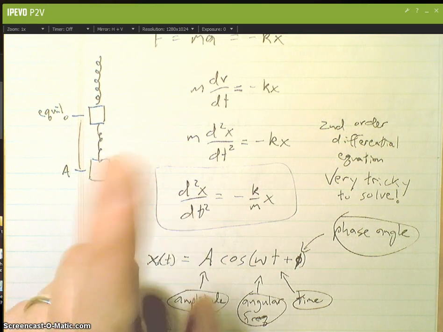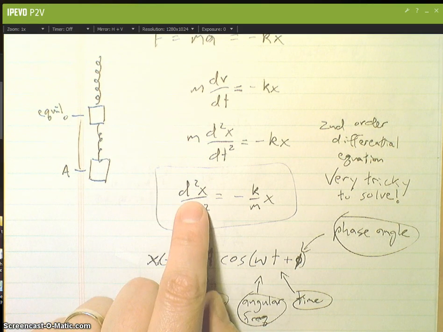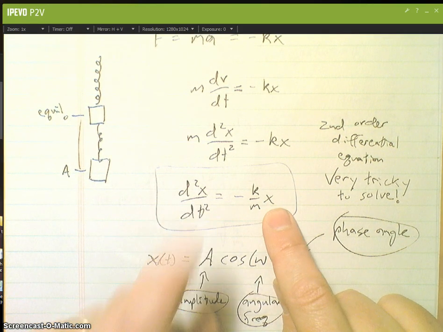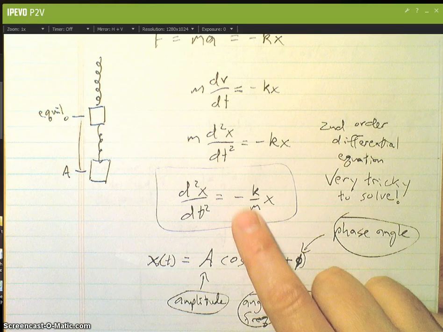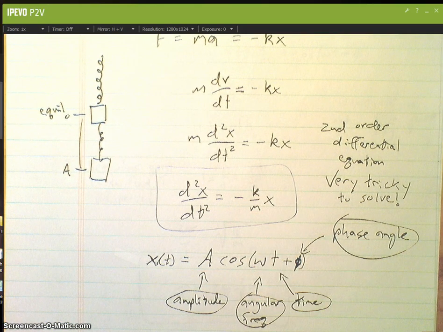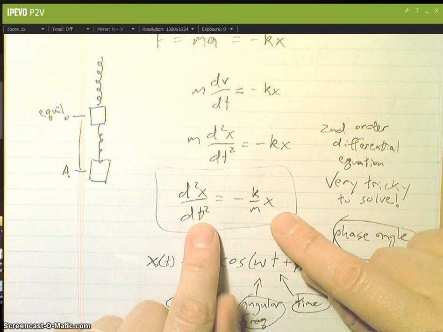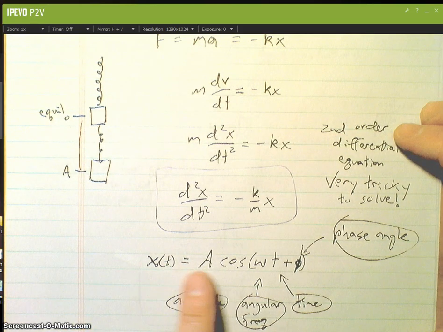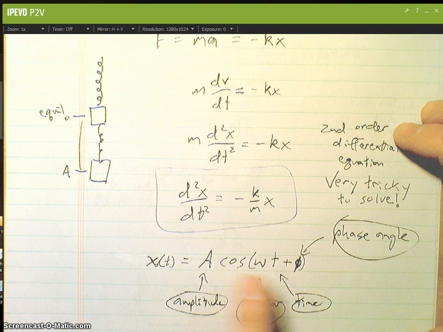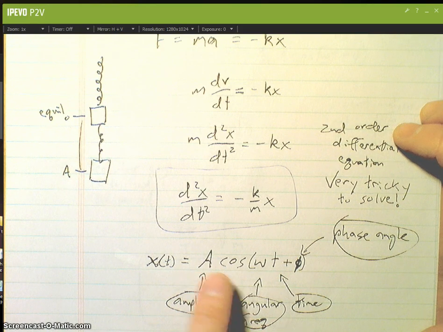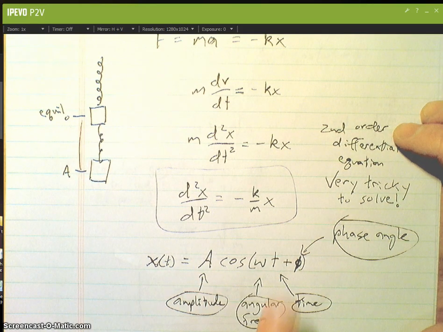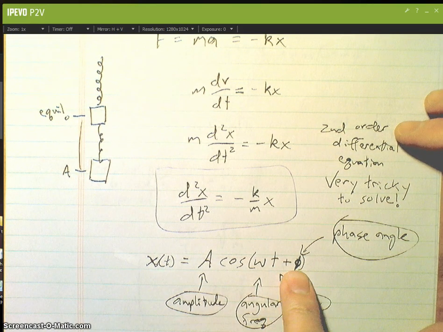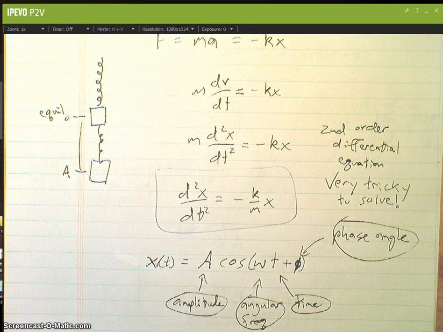So remember this form with the double derivative on one side and no derivative on the other side, and all the constants put together. So what could be a solution to this differential equation? Here's a possible solution: x is equal to the amplitude times cosine of omega t plus phi, which is the phase angle.